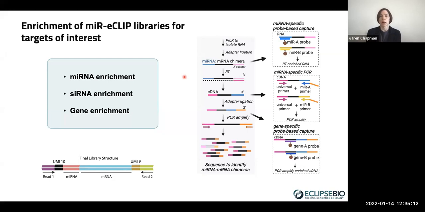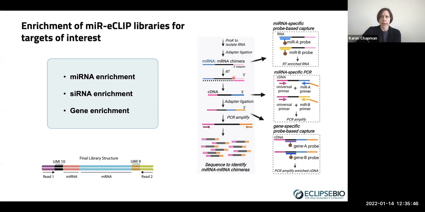And some of the more rare transcripts may not have the depth of data that you may be looking for. So in the case of the microRNA interactome, we've developed two main variations on the theme. We can enrich for either a microRNA of interest or a gene of interest, and by extension, also an siRNA of interest, which is very similar to enriching for a microRNA of interest.